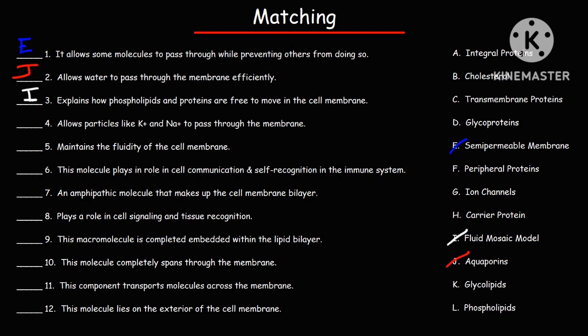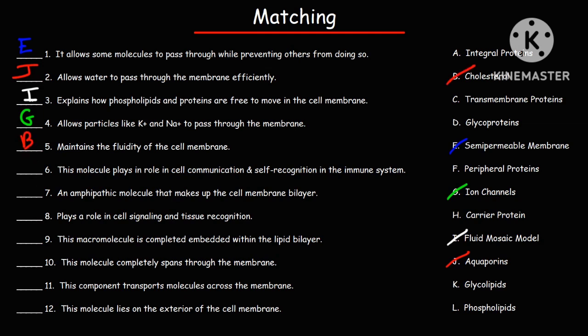This allows particles like potassium and sodium ions to pass through the membrane. So this is going to be ion channels. So let's put G for number 4. Number 5, this maintains the fluidity of the cell membrane. So this is going to be cholesterol. So let's put B for 5.